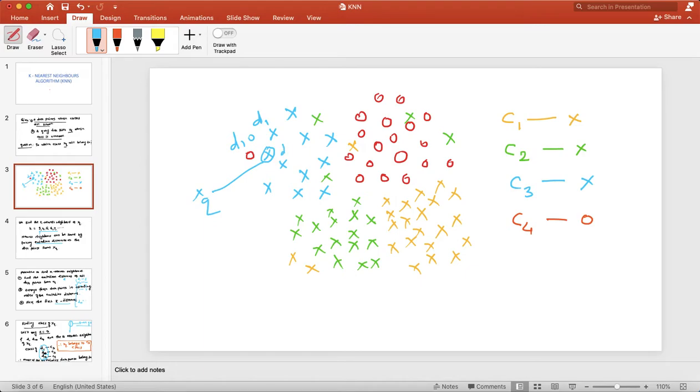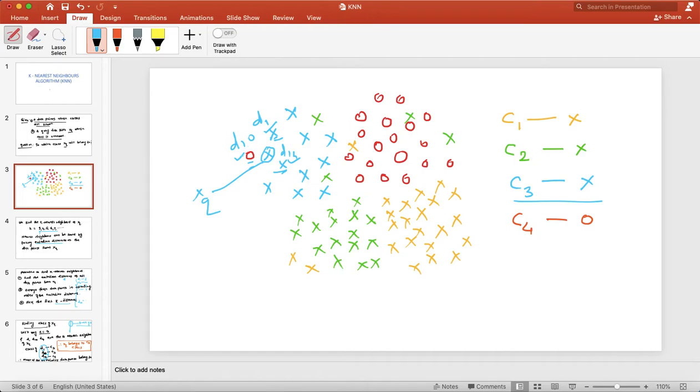We can see visually also that they are the 3 nearest neighbors. They are nearer to this XQ than other points. You can see here that D1 and D14 belong to class C3, this one and this one, and D10 belongs to class C4.